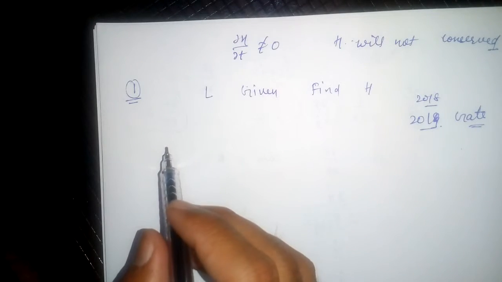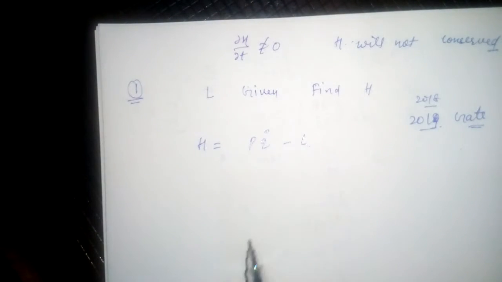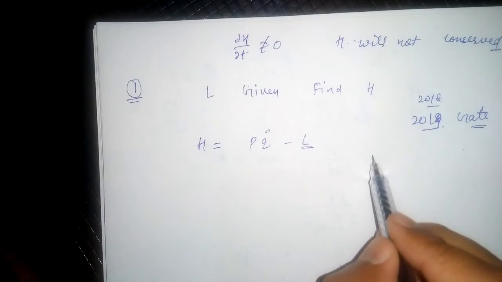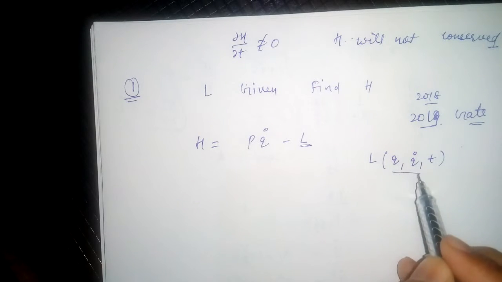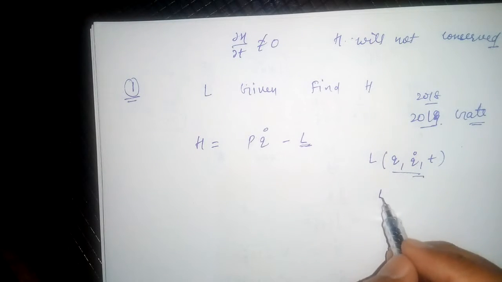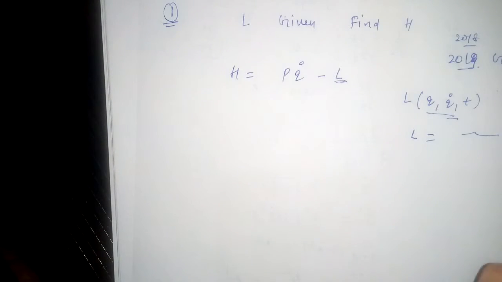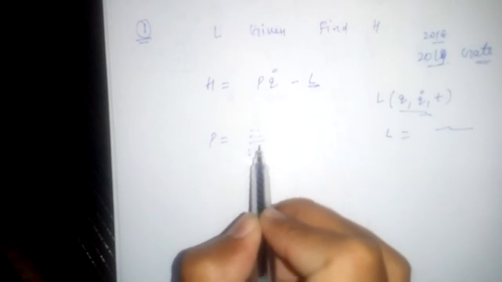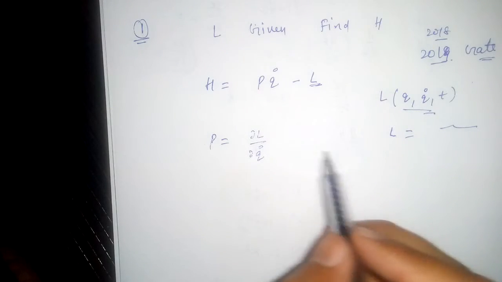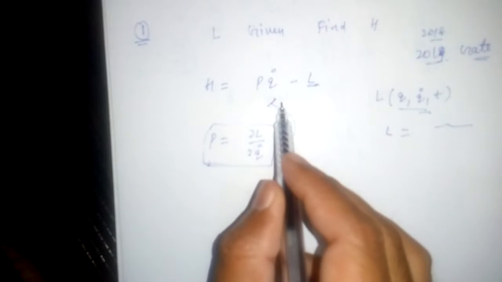Let's discuss it. We know the Hamiltonian is P q dot minus L. If L is given, that means L in terms of the variables q, q dot and t will be given there. Then what is P? Delta L upon delta q dot. First find the P from there, then put it in this equation.